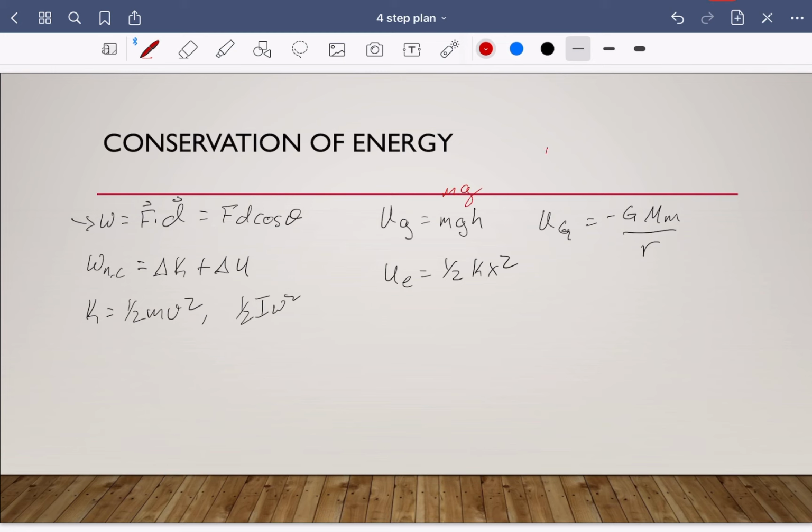If I have the universal gravitational force, which was GMm over r squared, its potential is negative GMm over r. And then for my Hooke's law force, which was negative kx, with a minus sign because it's a restoring force, I have an associated elastic potential, which is 1/2 kx squared.